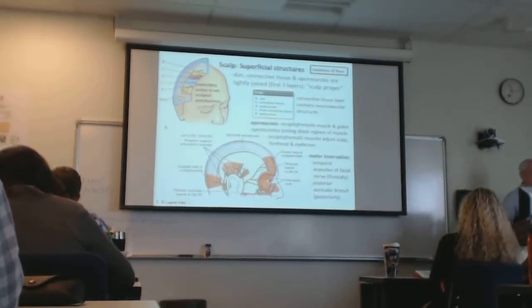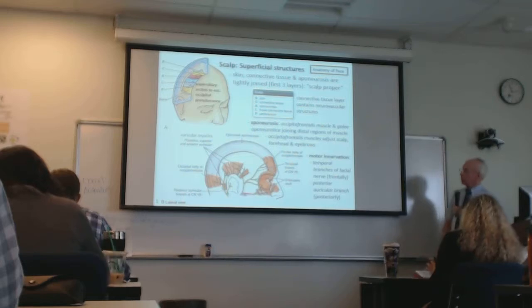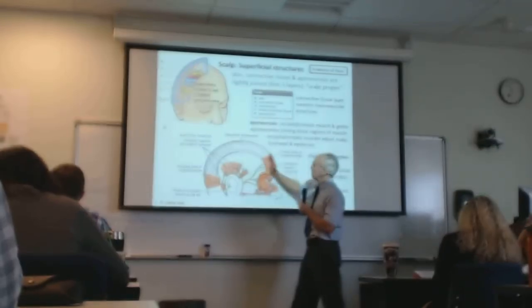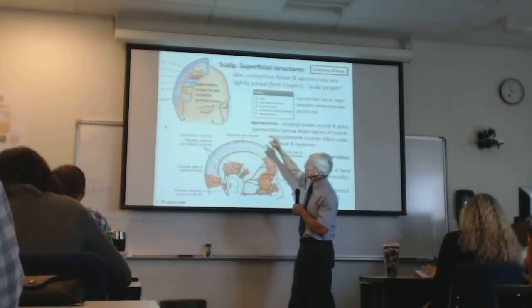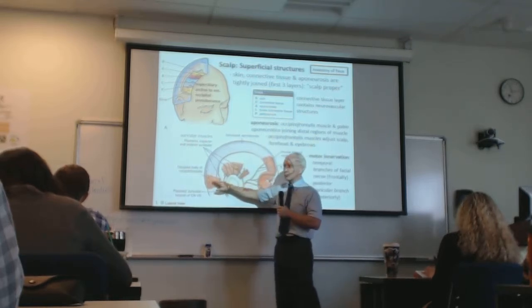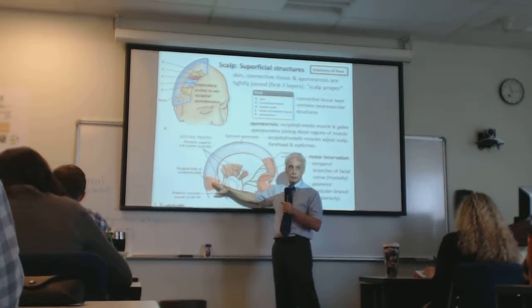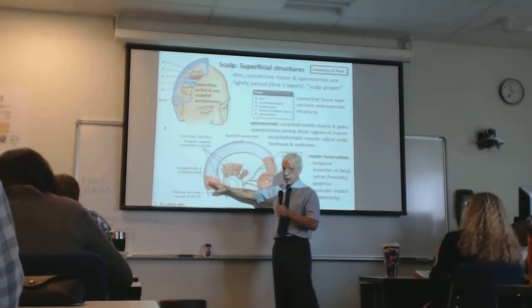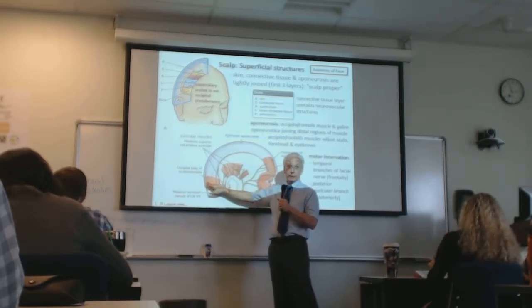Now, we've talked about this aponeurosis. Remember, the term aponeurosis is generally a broad flat tendon. In this case, the broad flat tendon overlies the skull, between what is sometimes called a digastric muscle. I don't know that I like that terminology, but digastric means a single muscle that has two bellies.